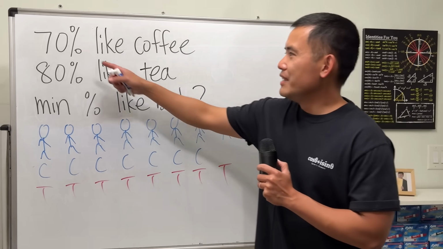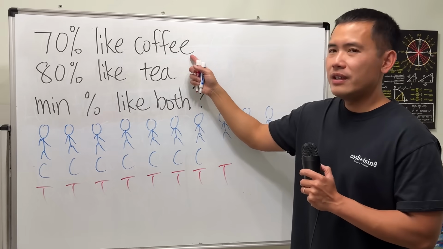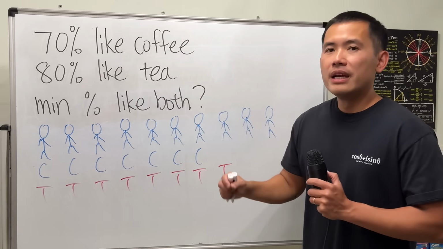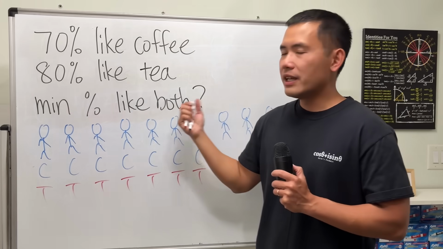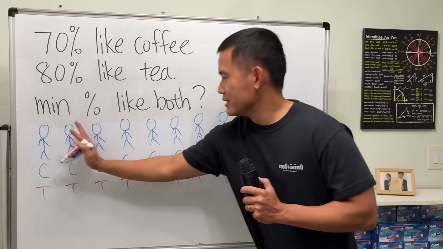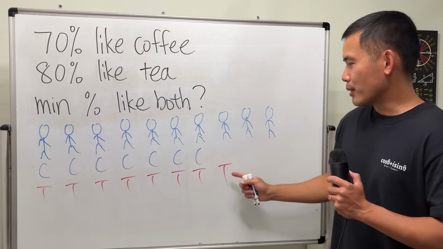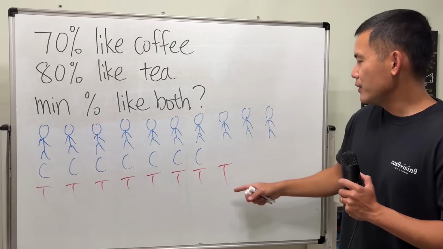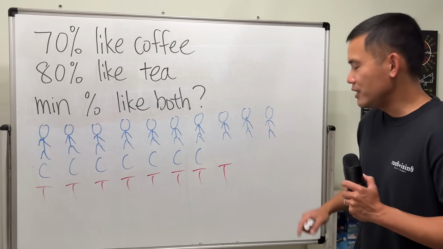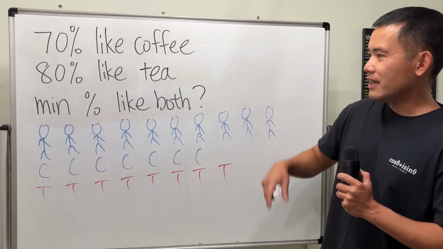Here's the deal. If 70% of them like coffee and 80% of them like tea, the maximum percentage of liking both is just 70%. This person only likes tea, no coffee, and then no coffee, no tea, no coffee, no tea. Okay, but this does not answer the question though.